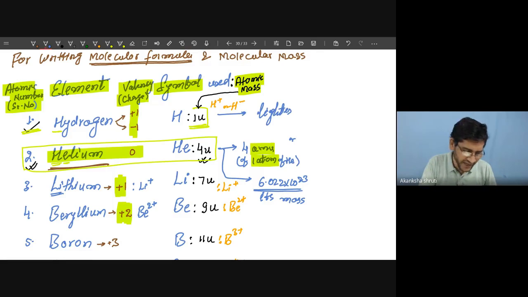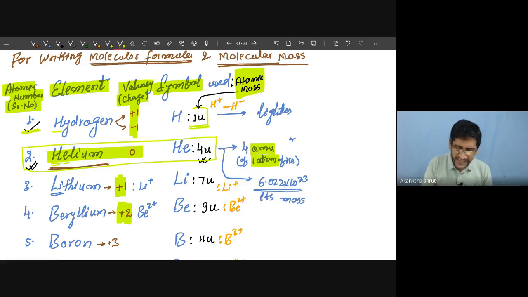Another important thing, for getting their molecular mass, we need another piece of data in this table, another property of these elements. Keep in mind, that is their atomic number. Student, here we have written the atomic number at the last.